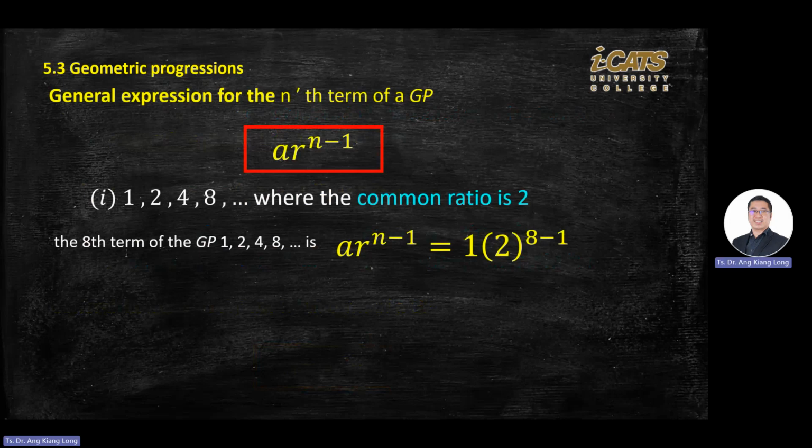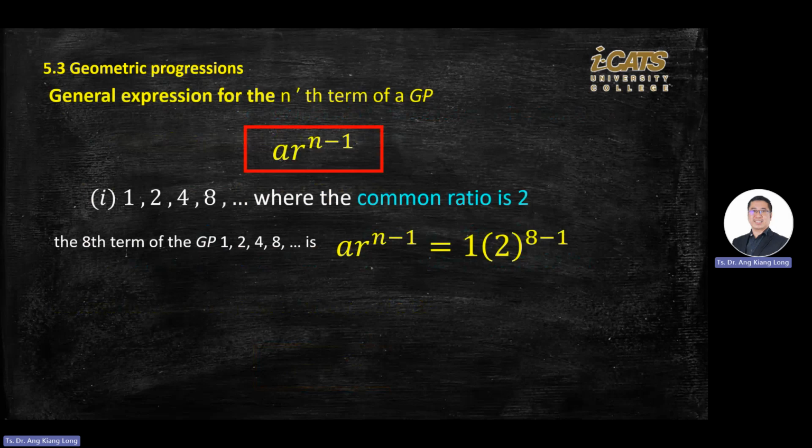If you want to find the eighth term, the equation will be AR^(n-1). If the question asks you to find the eighth term, replace n with 8 and then do the calculation. In your final or your test, you should always give the general equation first, meaning you write the nth term of the GP equals AR^(n-1).